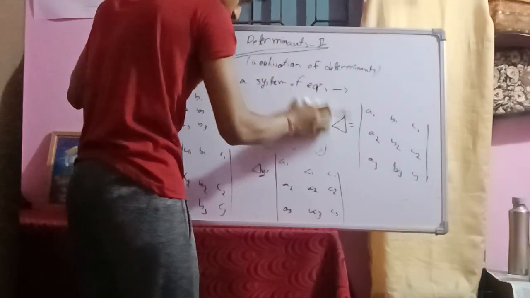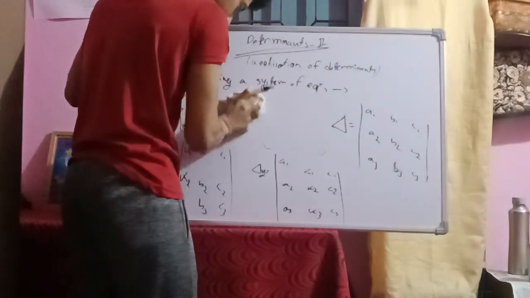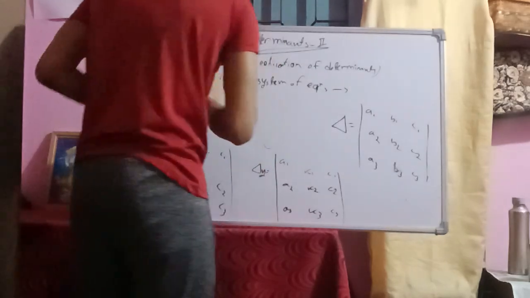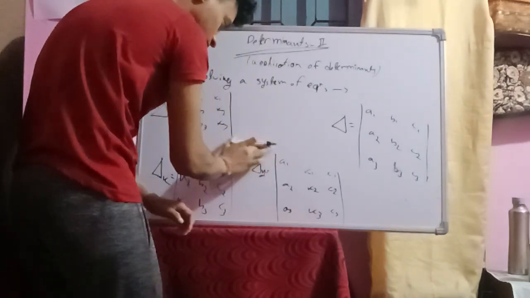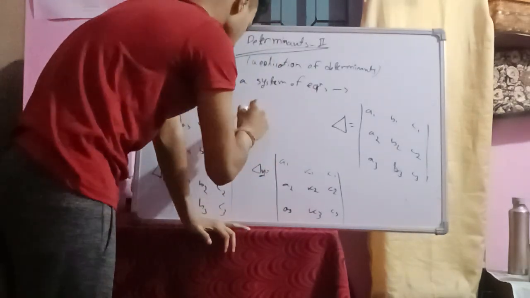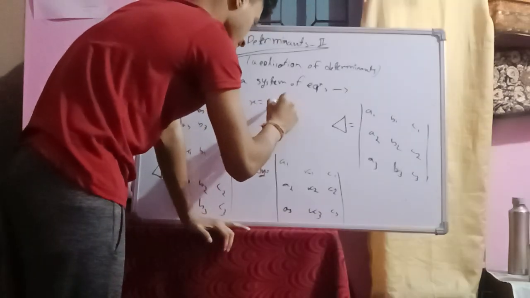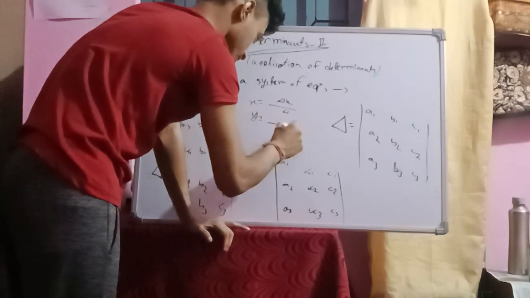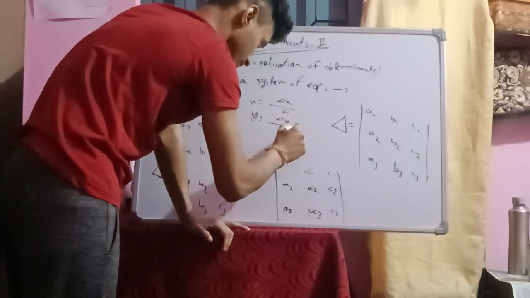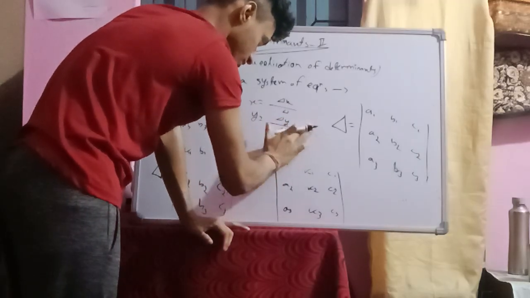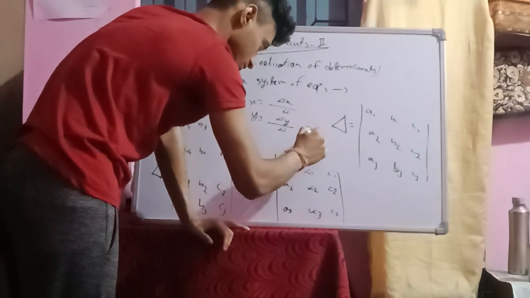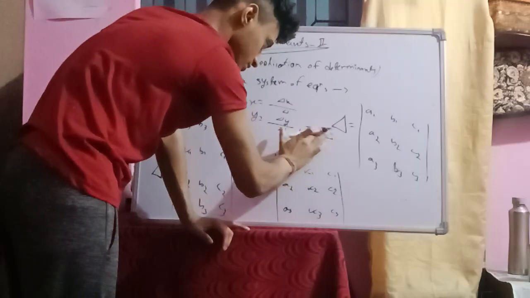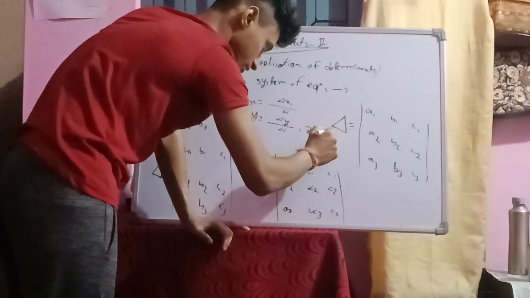Now the value of x would be delta x over delta. The value of y would be delta y over delta. The value of z would be delta z over delta.